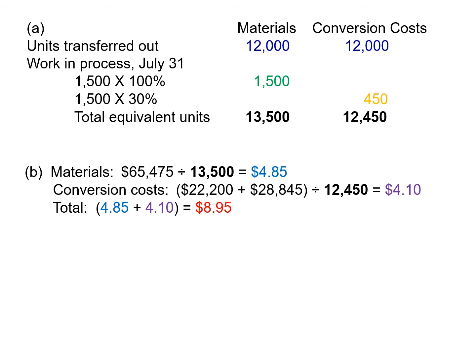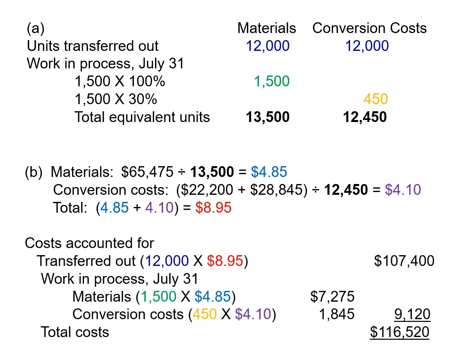If we add our material and our conversion cost per unit together, we get a total manufacturing cost per unit of $8.95. This company incurred $116,520 in the month of July. What we need to determine is how much of those costs we want to allocate to the products that were transferred out, and how much of those costs do we want to allocate to the products that still remain in our inventory, in our work in process inventory specifically.